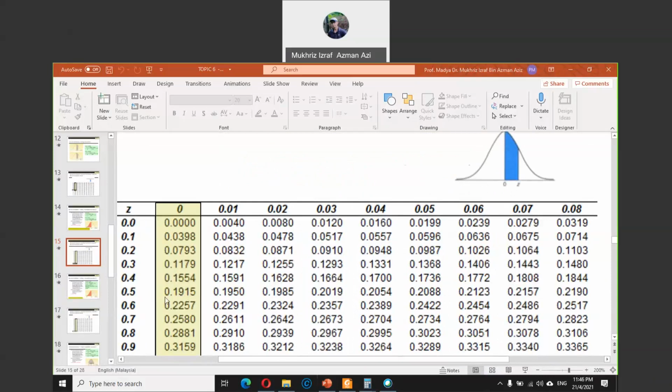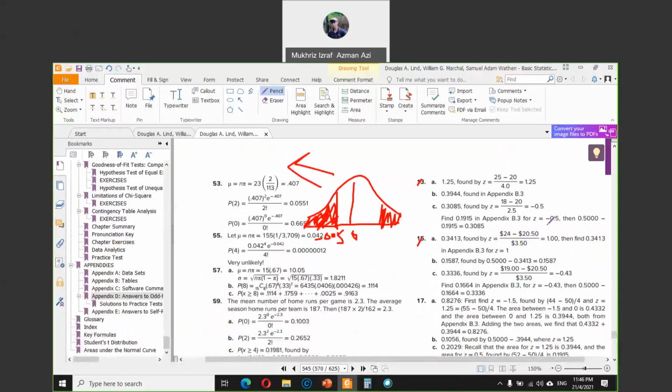So where does this area refer to? This one, 0.1915. This value is between 0 to Z, but you want the area to the right side of this area. So the solution will be 0.5 minus this value here. That provides you with the solution you get here, 0.5 minus 0.1915.